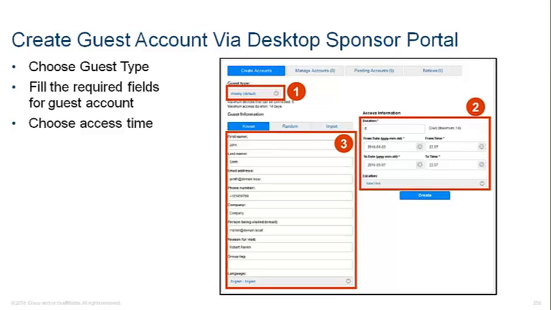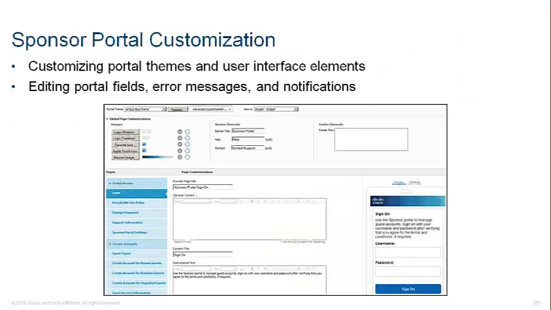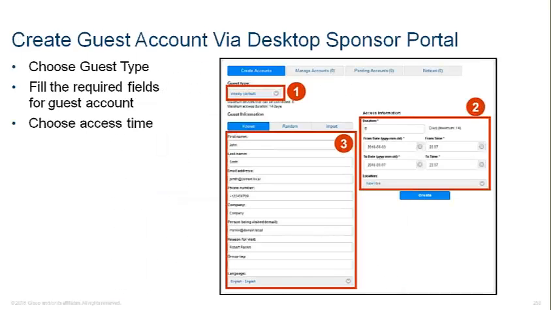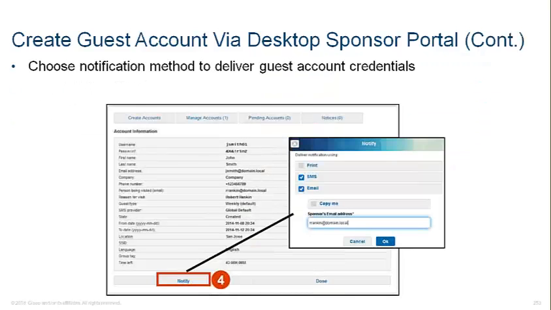But customizing portal themes and what the sponsor portals can do, right? So they just want to show you some of those error messages and notifications. You can get in on ICE as well, look at these and look at the ICE settings. Most of it is just readable stuff.